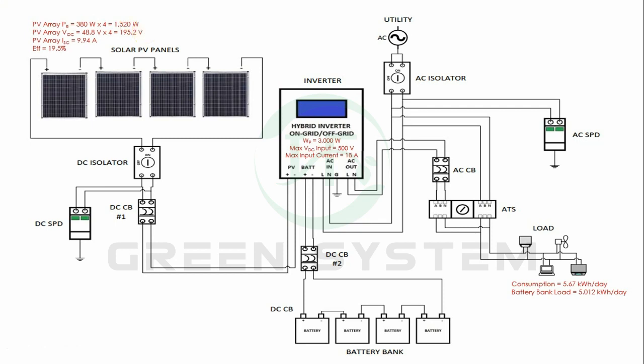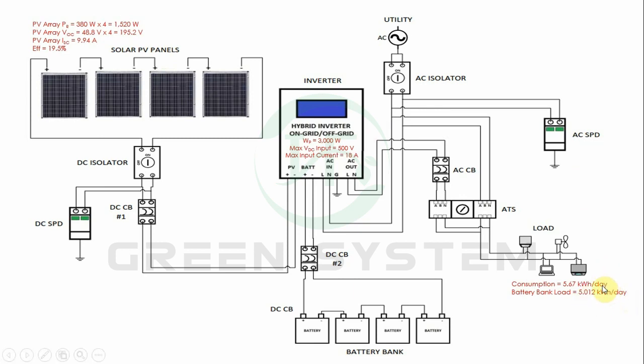In step number 4, we have chosen which appliances are to be operational during the night or during blackouts. We have computed that the total load consumption would be around 5 kilowatts right here.